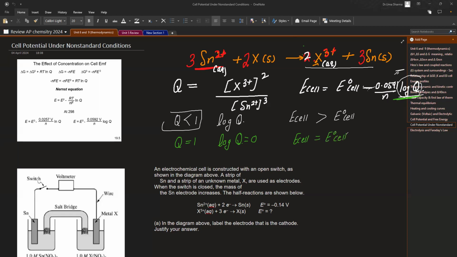So mathematically, you can explain this. Okay, now if Q is greater than 1, then log Q is positive and E cell is less than E naught cell. So we are good with this.